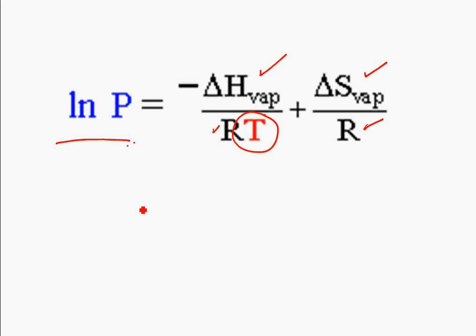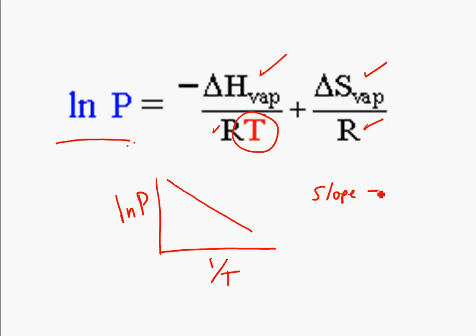And so if we draw a graph with 1 over the absolute temperature versus the ln of P, we should get a straight line whose slope is numerically equal to the negative delta H of vaporization divided by R, and whose y-intercept is numerically equal to the entropy of vaporization divided by R.